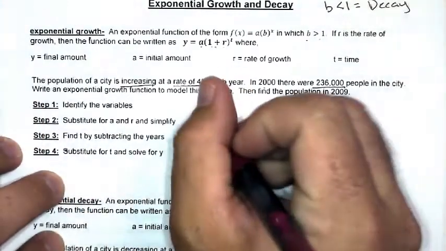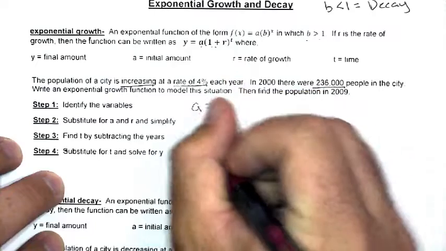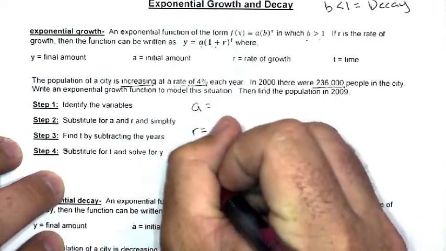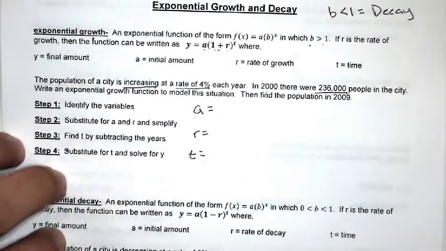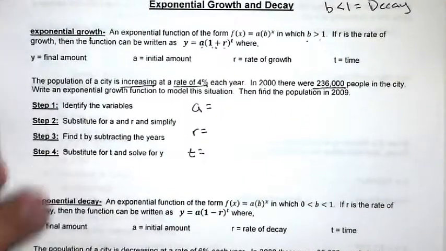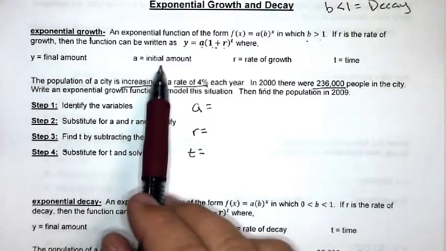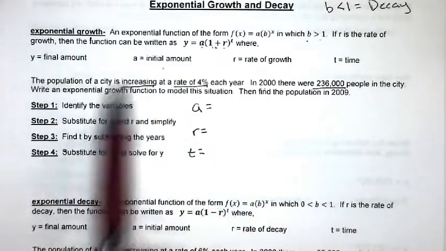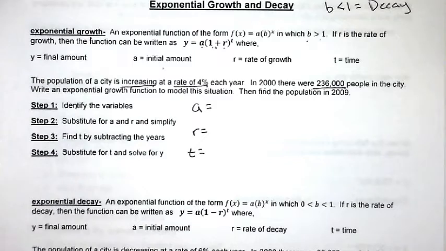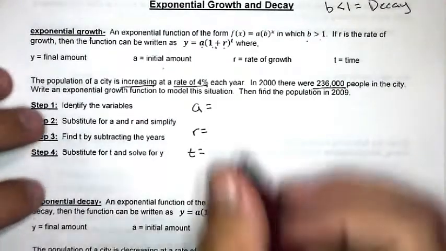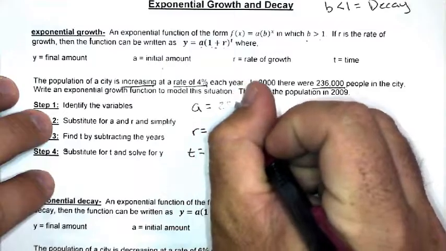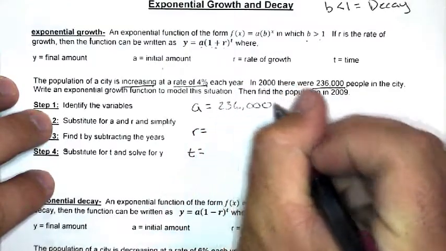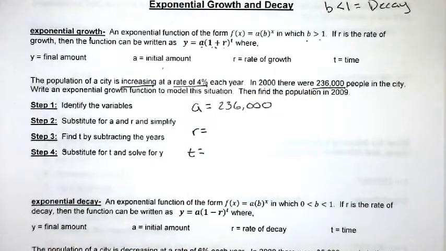So we only need to find A, R, and T. A variable signifies what? The initial amount. What was the initial amount of people since we're trying to find the population? 236,000 people.